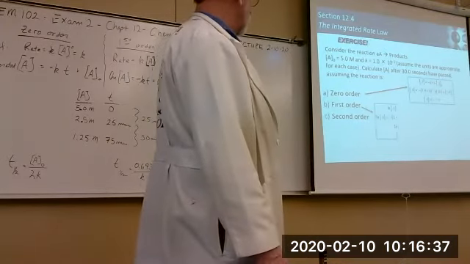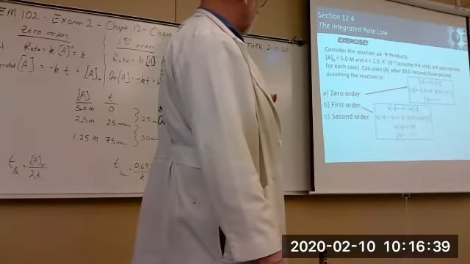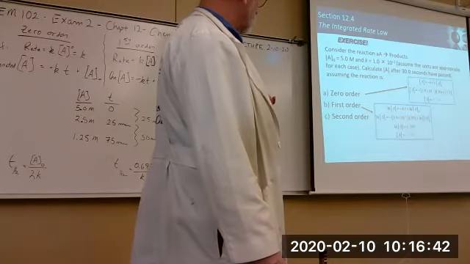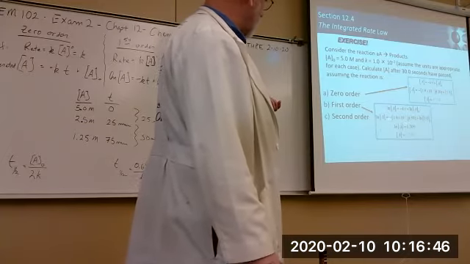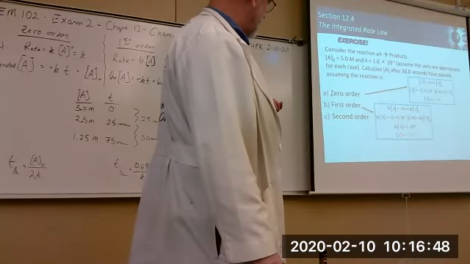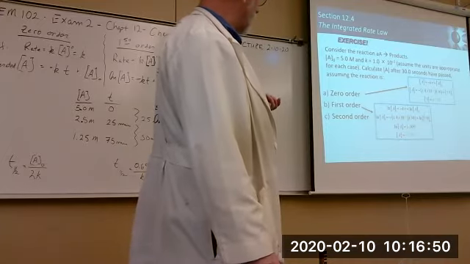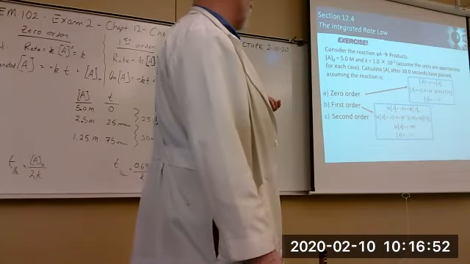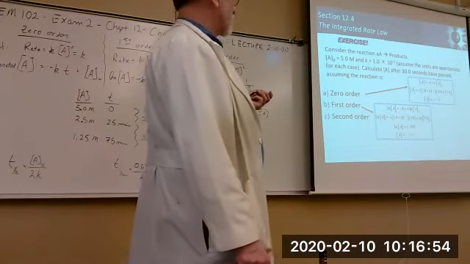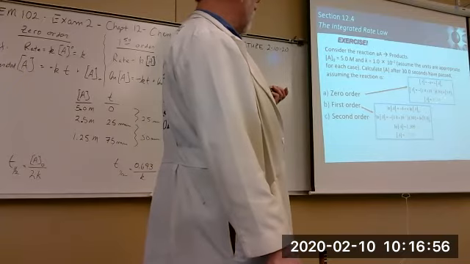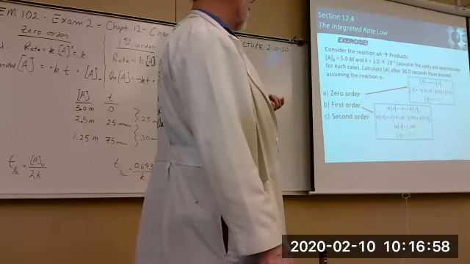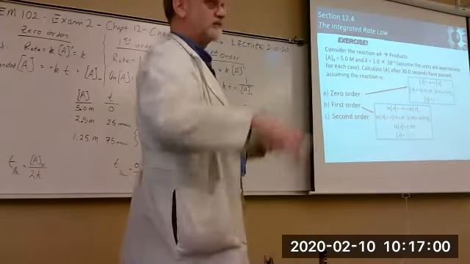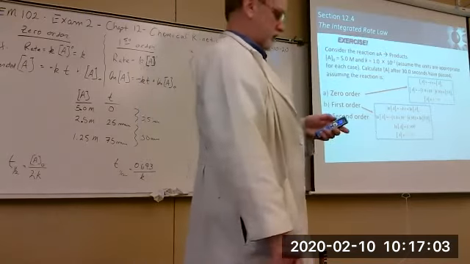If we did first order, we'd take the natural log of each of these values, and then eventually solve for A. So we had to take the antilog of 1.309. 3.7 molar. So if it's first order, it's moving faster. Over that same period of time, you have less. Everything else being equal, first order is faster.